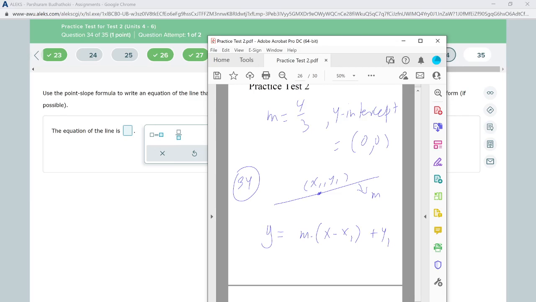This is called point-slope form, one point and slope. So plug the values of m, x1 and y1 and change that to slope-intercept form.